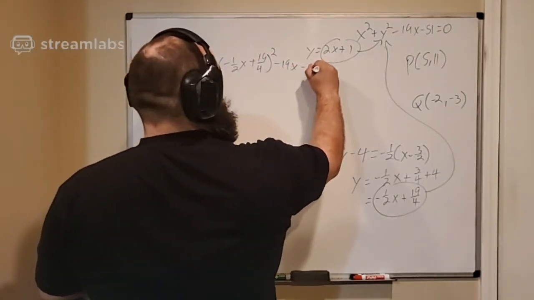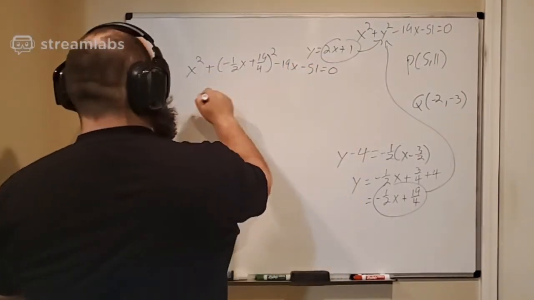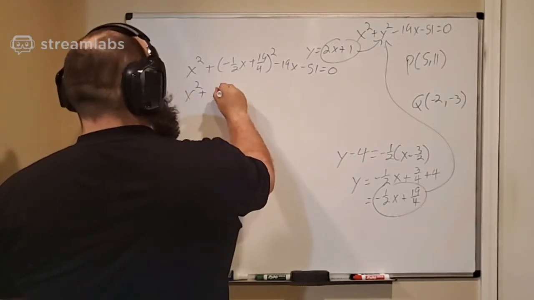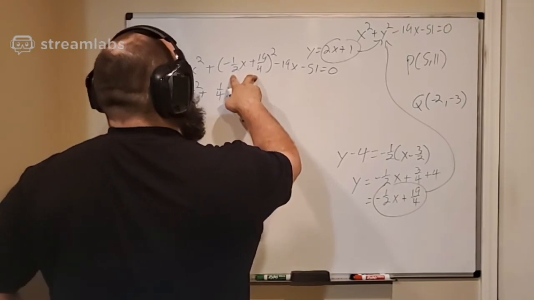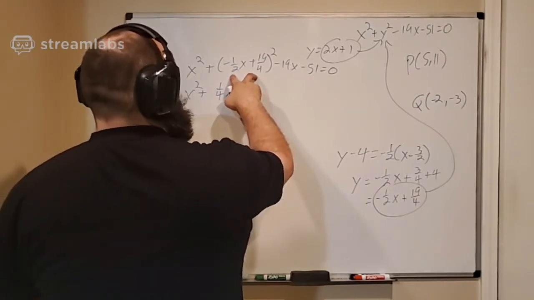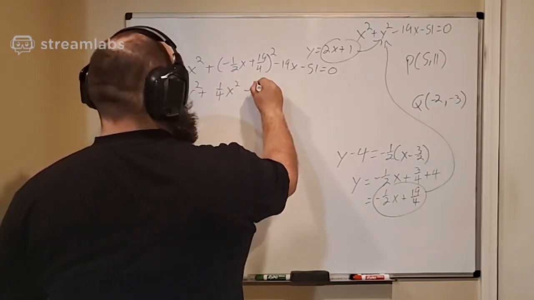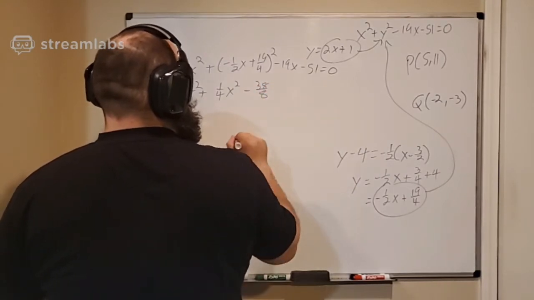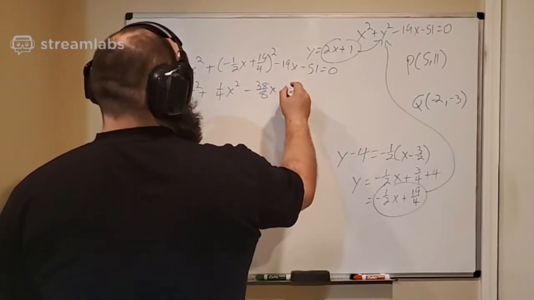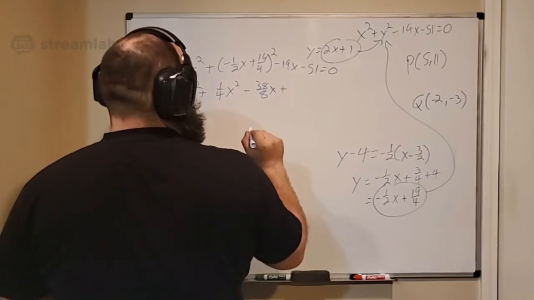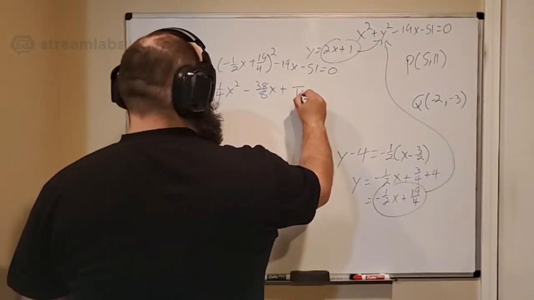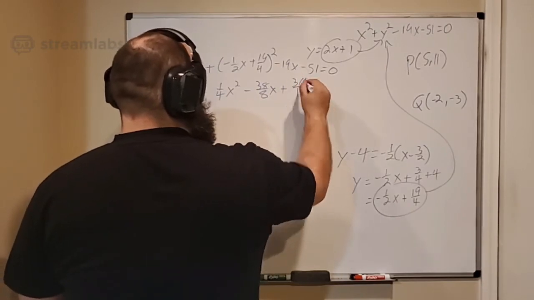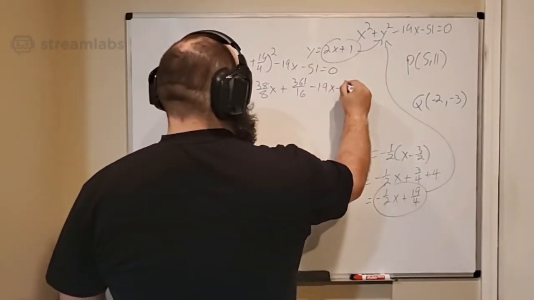So this ends up being 1/4 x squared, plus 19/8, so 38 eighths x. Anybody know what 19 squared is? 361. Thank you. And then just combine your like terms.